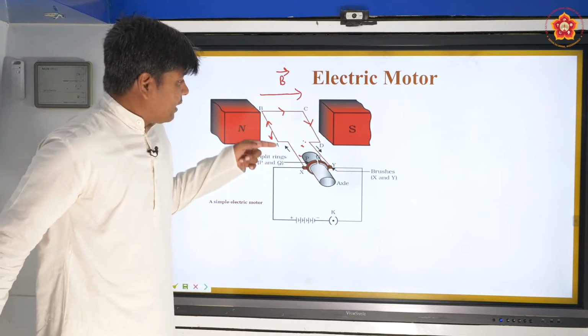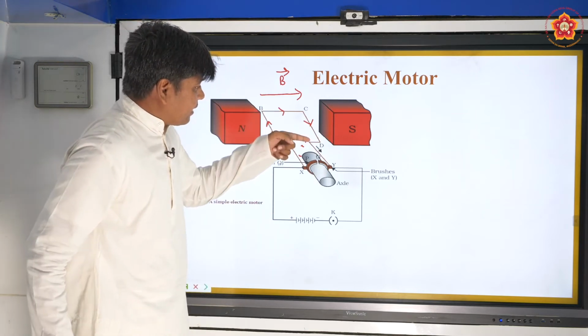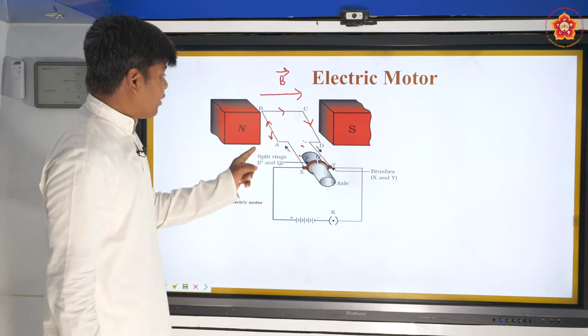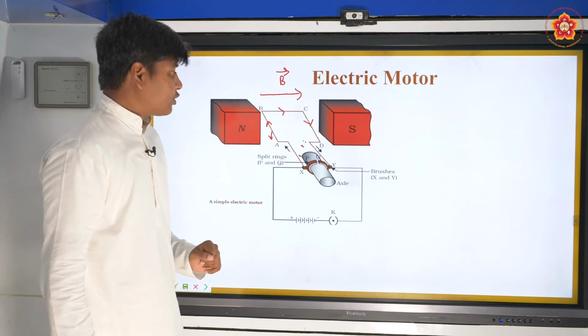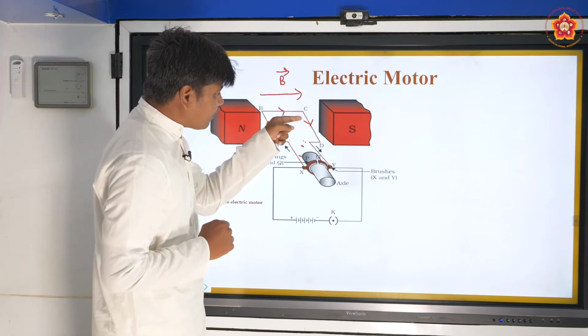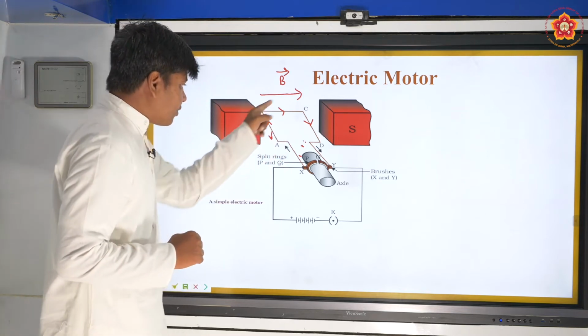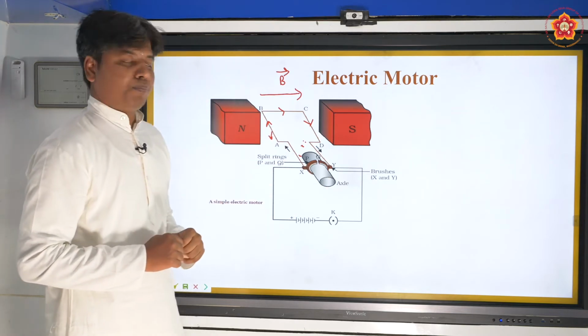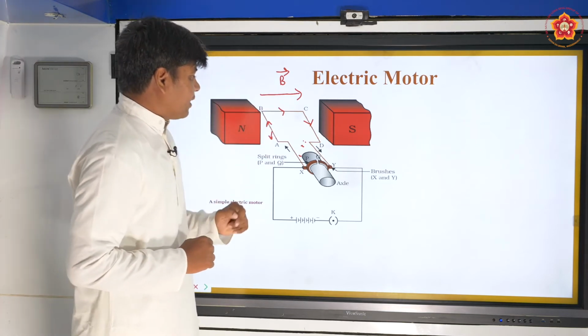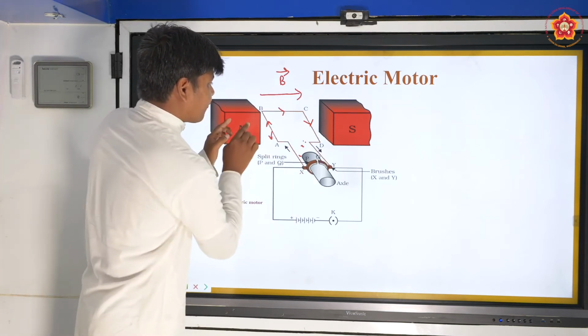So the current here is opposite to the direction of AB. From A to B the current is going inside the board. Now it is coming from C to D, thus it is maintaining a closed loop. Now when it is coming outside, the magnetic field direction is still the same, from north to south.